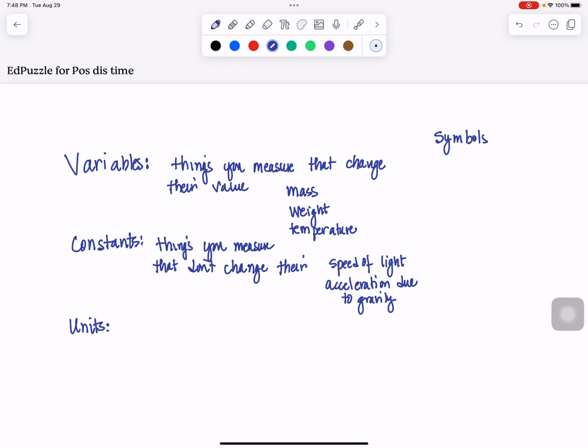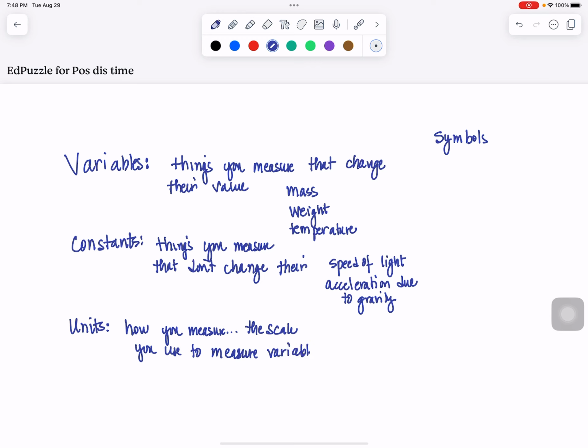Now, units are how you measure, or the scale you use to measure variables.